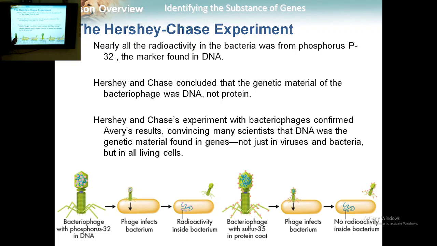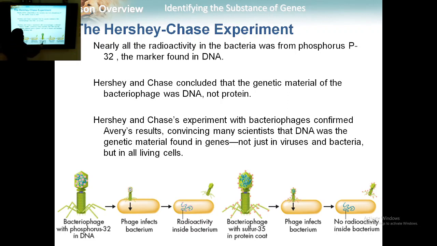Once the bacteriophage with phosphorus 32 injects the bacteria, it inserts specific material. They wanted to check what material is injected. Is it the DNA or is it the protein? By this experiment, they found that the bacteriophage with phosphorus 32 inserts the labeled DNA inside the bacteria.